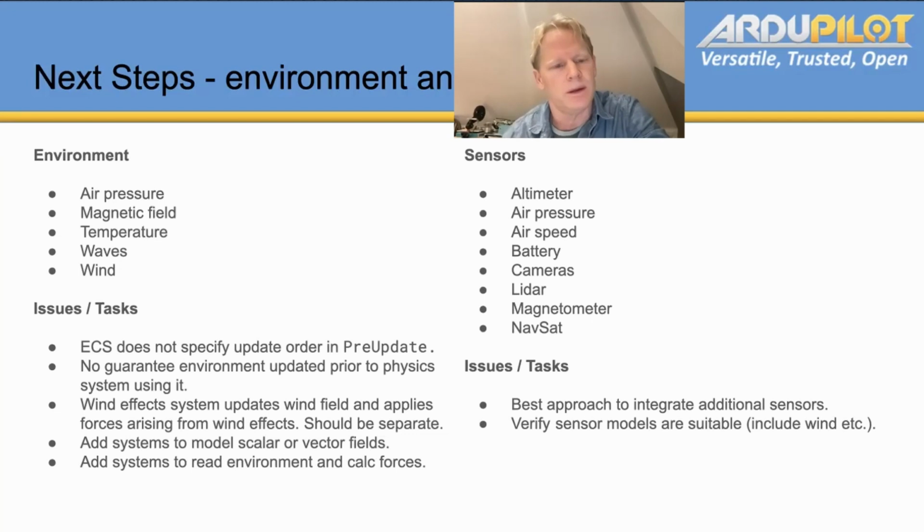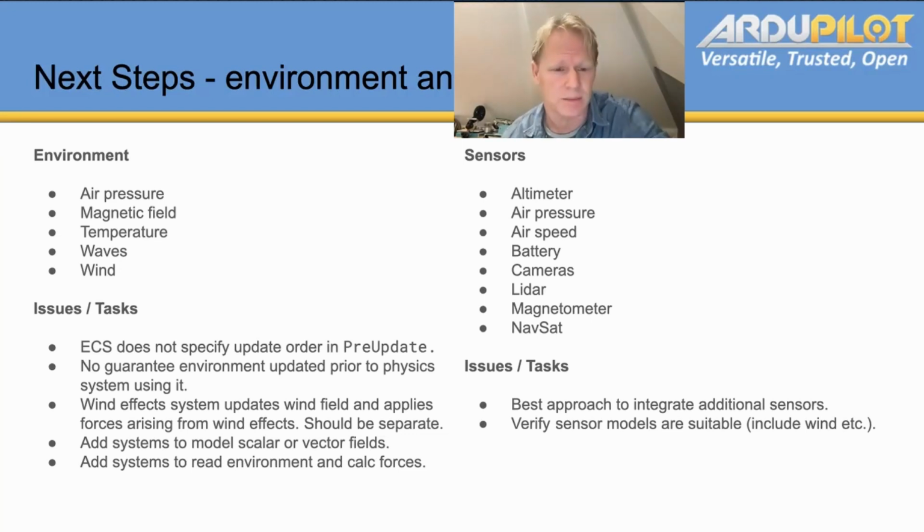On the environment side, this is probably more on the Gazebo side than the ArduPilot side. These sensors need to have sensible environments in which to monitor, and they're fairly simple at the moment. You've got these various vector or scalar fields that you can specify, and I think there's room for improvement on the Gazebo side in order to set these up. There are some open questions.